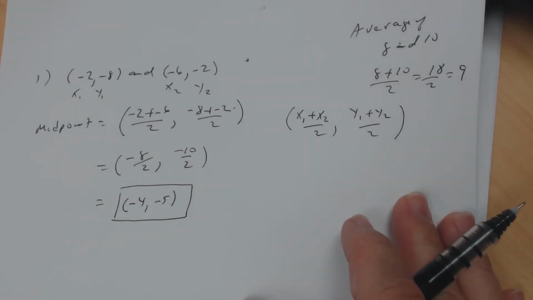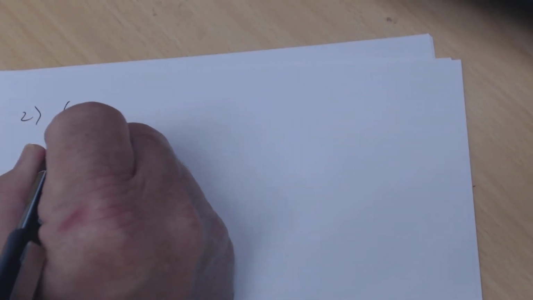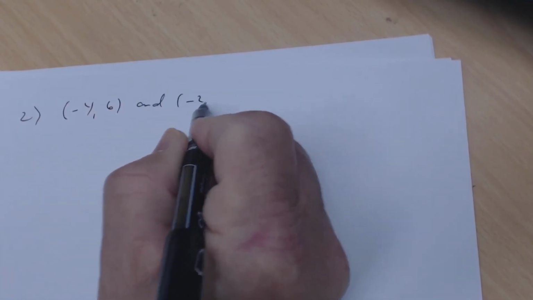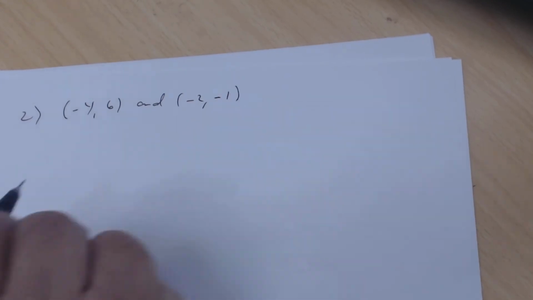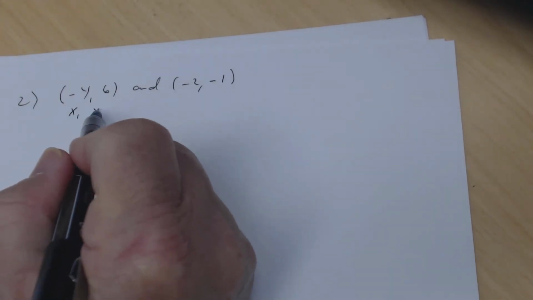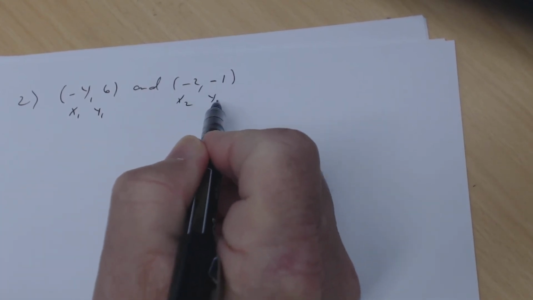All right, number 2. Let's suppose we had -4, 6, and -2, -1. Again, label your points x1, y1, x2, y2.